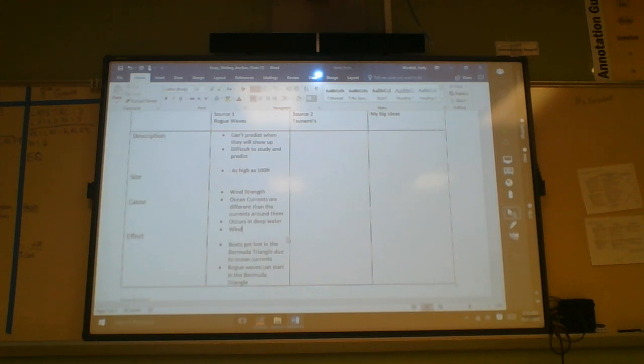So I know it has to be very deep in order for rogue waves to begin. Okay, so what do islands and coastlines have to do with rogue waves?